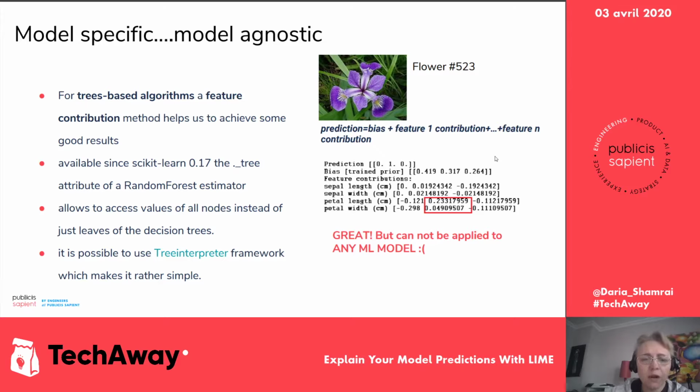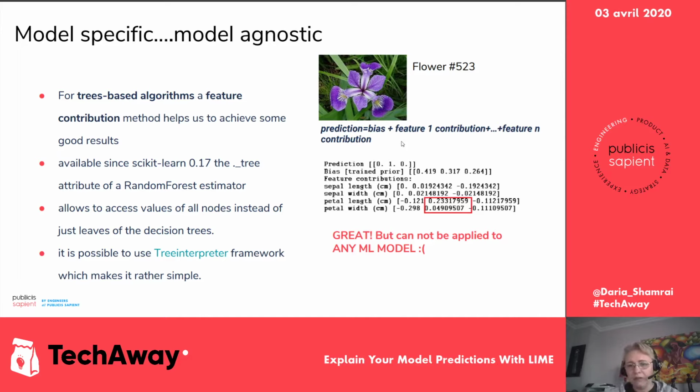There is a framework called tree interpreter. It makes this even simpler because it goes through each branch and each node of the tree and collects all the information related to a particular instance. Then we can imagine that our prediction can be represented by a sum of the contributions of each of the features we took into account, plus a certain amount of bias. And it lets us say, okay, for this particular flower or for this particular patient, number 523, the model classified it as belonging to class 2.